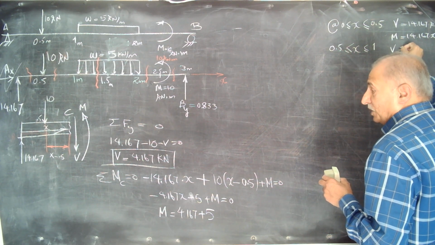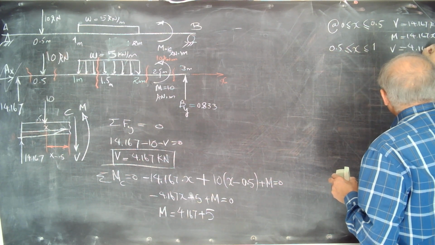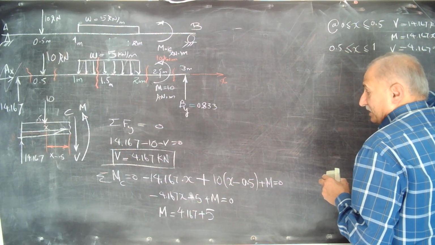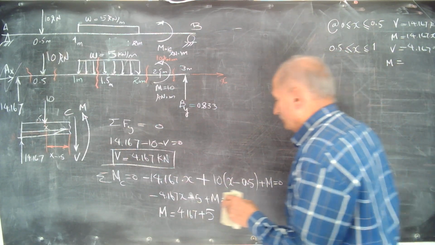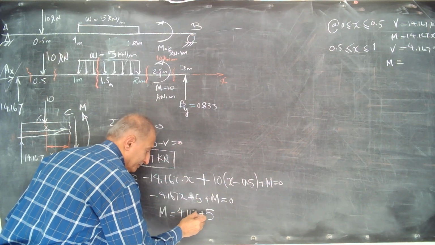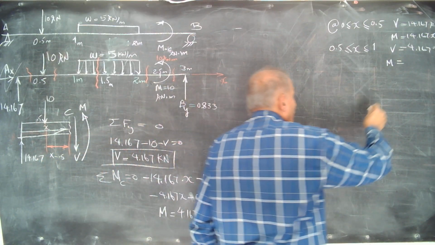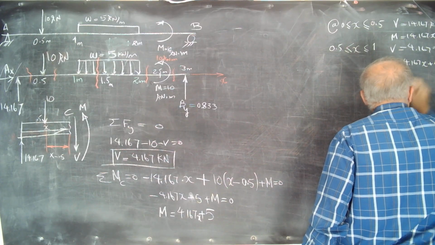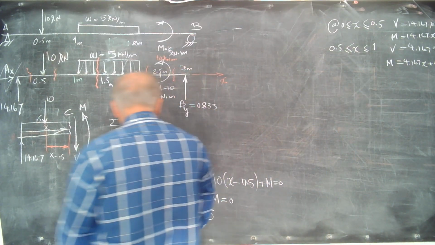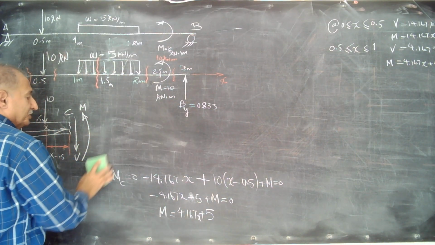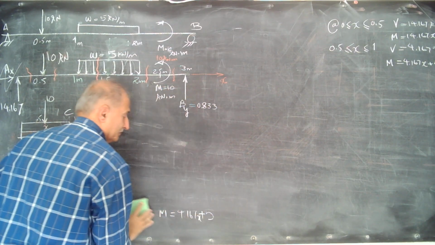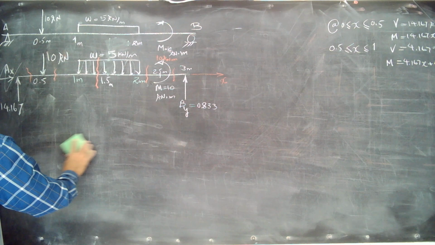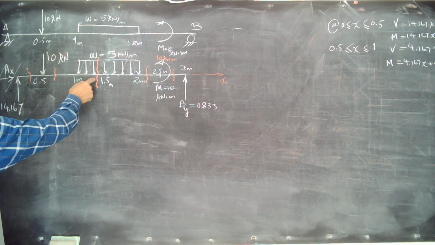V is equal to 4.167, and m is equal to, don't forget it's here, 4.167x plus 5. Okay, I do not need this derivation anymore, and this part also. Let's go for the third cut.